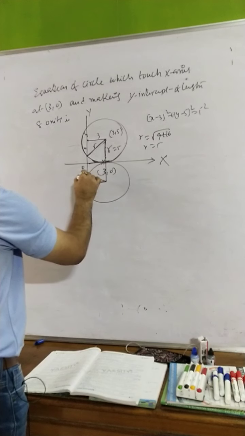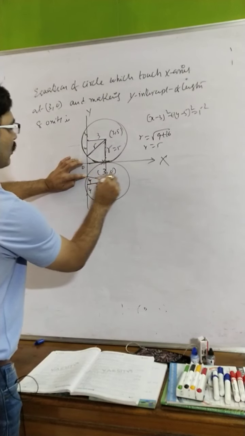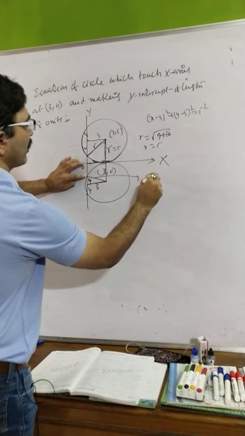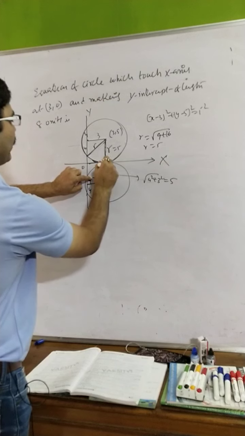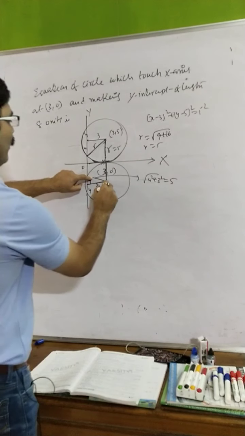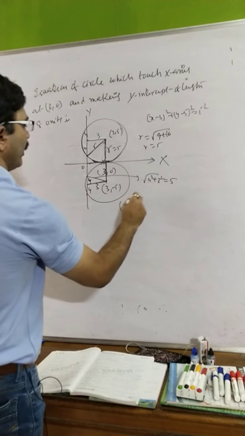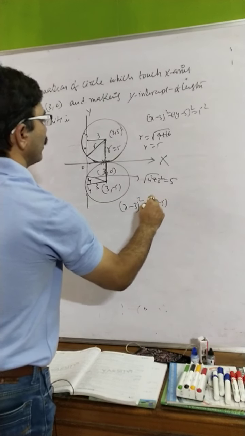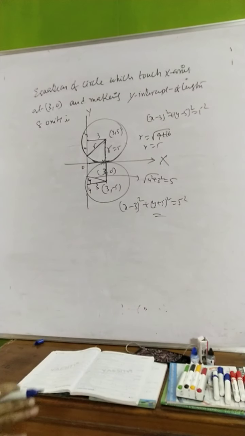This is 4, this is 3, so this distance is under root of 4 square plus 3 square, that is 5. This is also radius, so this point is 3 comma minus 5. So x minus 3 whole square plus y plus 5 whole square equal to 5 square. Orally I did it like this.